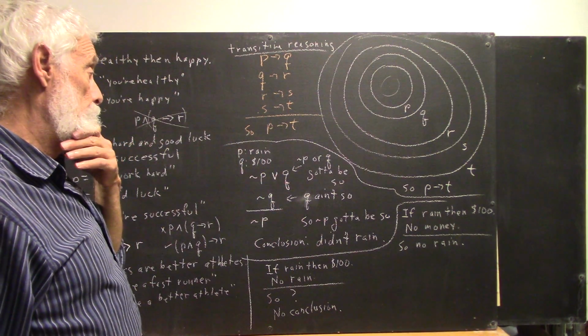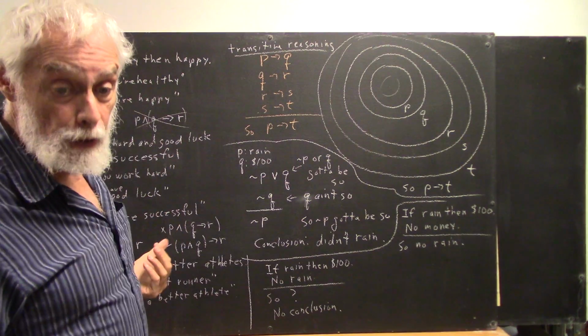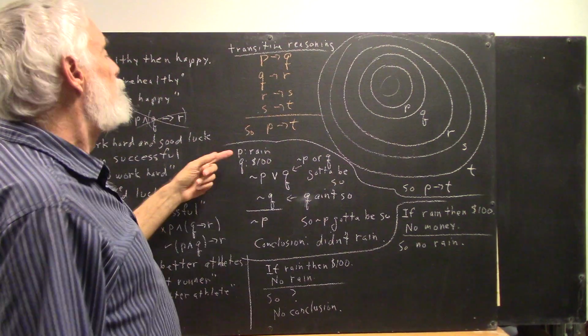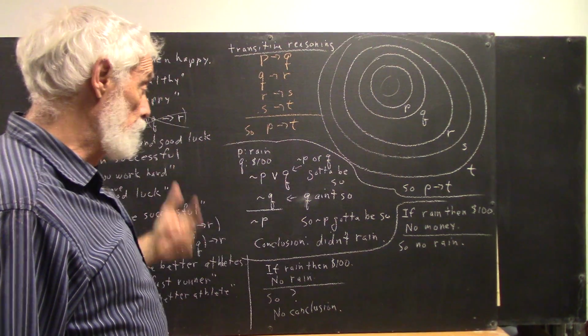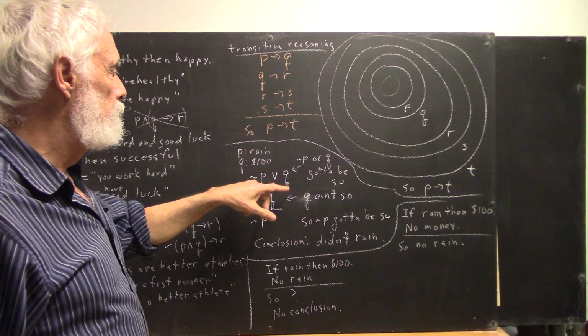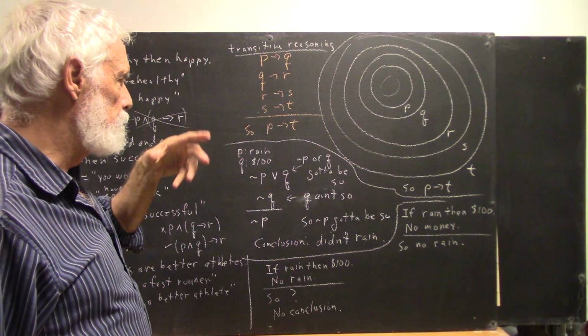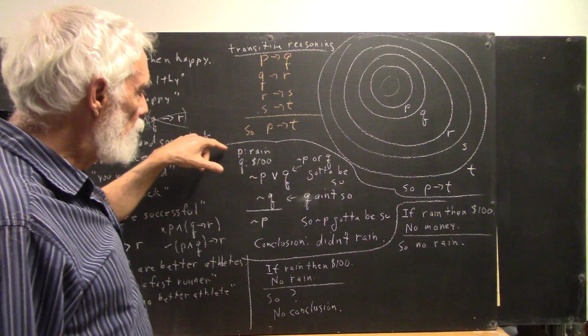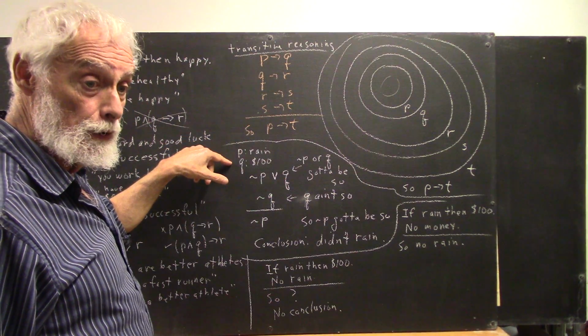Okay? Statement is, it rains or you get $100. That's the way it's written in the document. So, if P stands for rain and Q stands for $100, this statement is not P. Actually, no, I'm sorry. I didn't say if rain then $100. The statement is, it doesn't rain or you get $100.